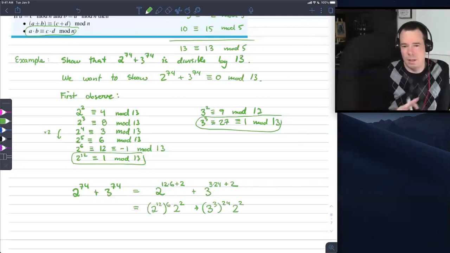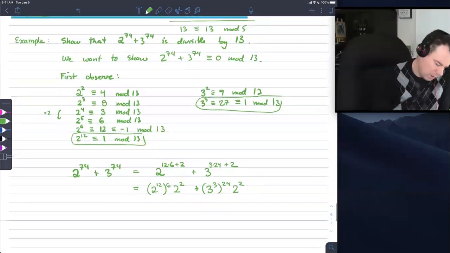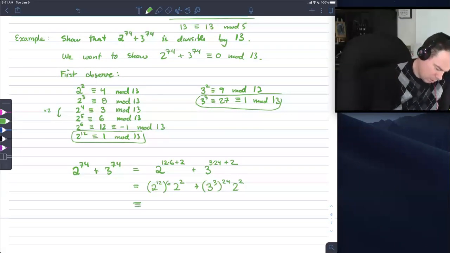Notice I haven't done anything with remainders yet, other than just use the 12 and the 3. But now at this point, I can say that's congruent to, well, 2 to the 12 is 1, and 3 cubed is 1, mod 13.